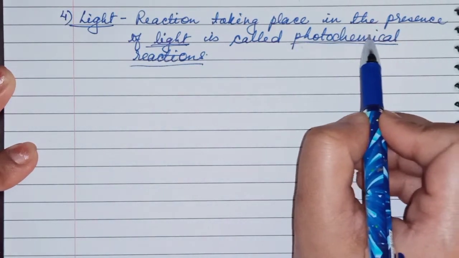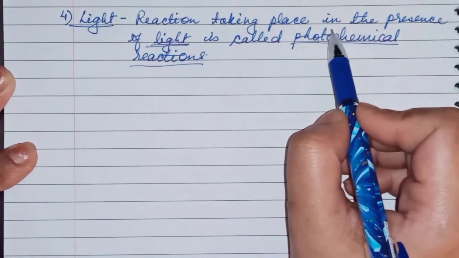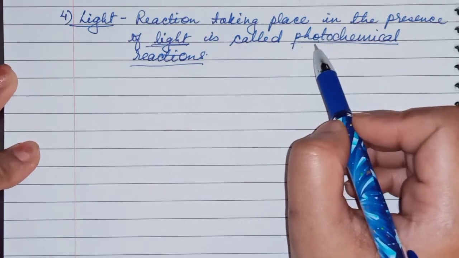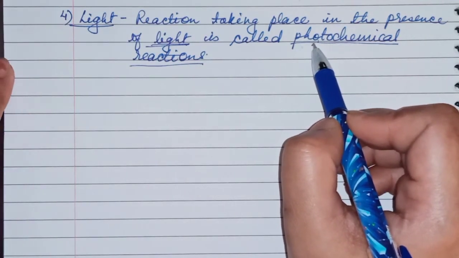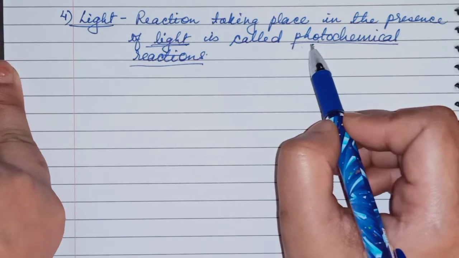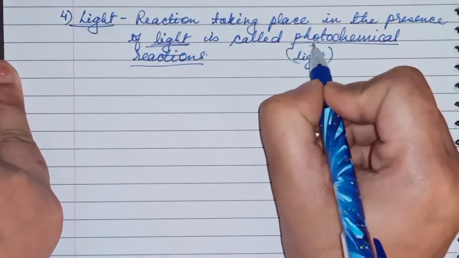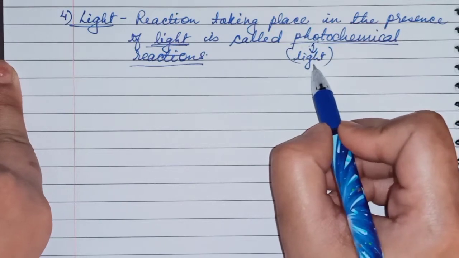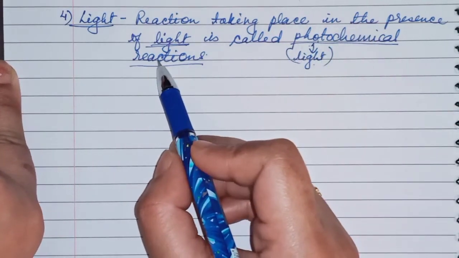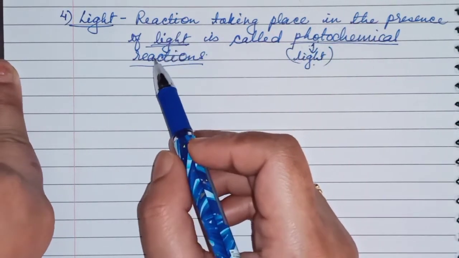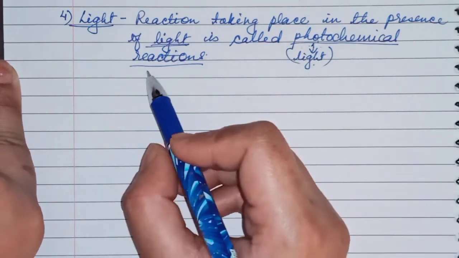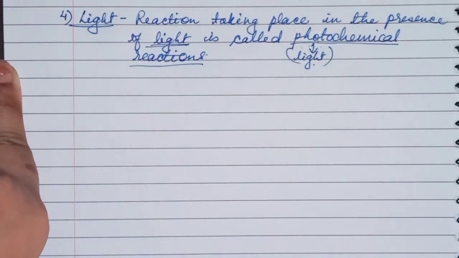Photochemical means a reaction in which light is responsible for chemical change. Photo means light. The reaction in which light is responsible for chemical change is called a photochemical reaction.